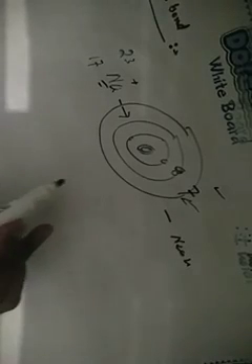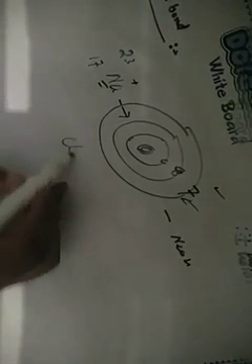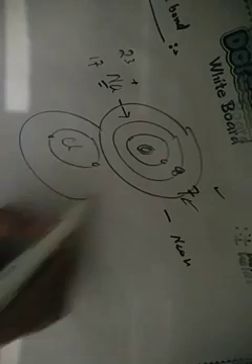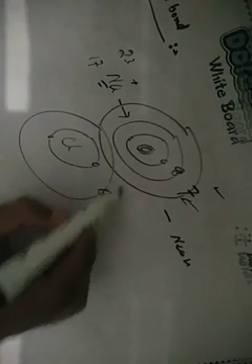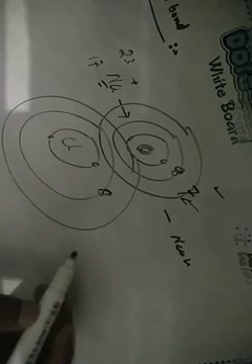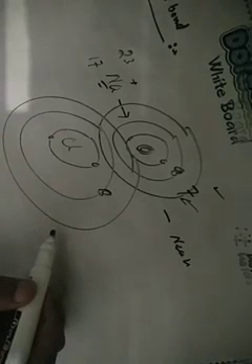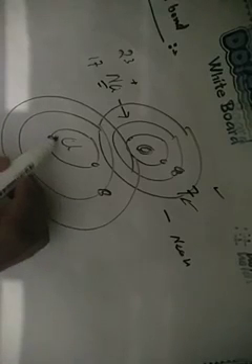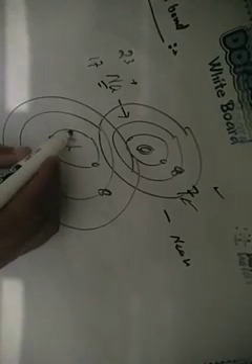Chlorine atom gains one electron. Chlorine has 2 electrons, 8 electrons, and in the third shell it has 7 electrons. Chlorine has 35 atomic mass.